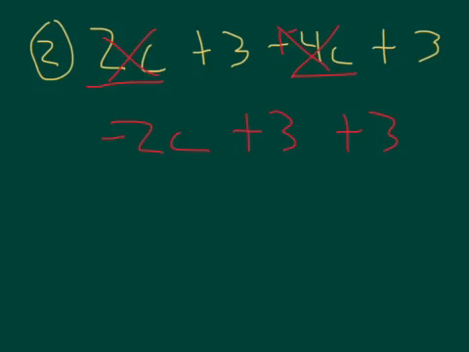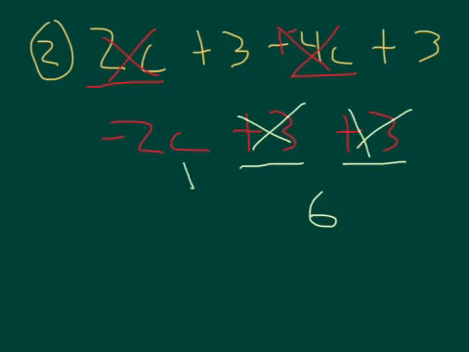If you look, I have a plus 3 here and a plus 3 here, and those are both just regular whole numbers. There's no variables or letters or anything like that, so you can go ahead and combine those. 3 plus 3 is 6. So I'm going to write 6 under, and since I combined the 3's, I'm going to cross them off. And then as always, you want to bring down what you have left, so negative 2c plus 6.